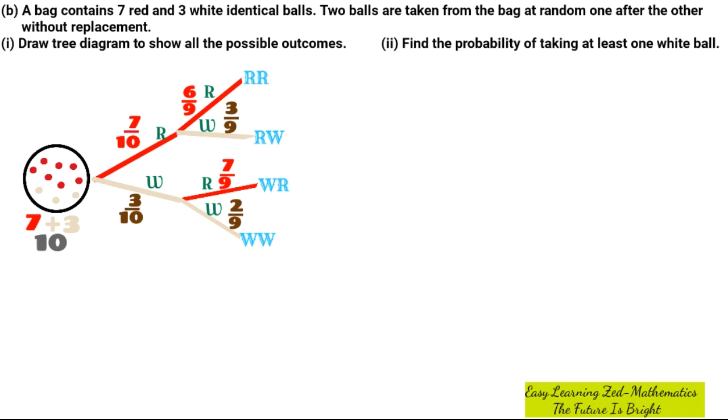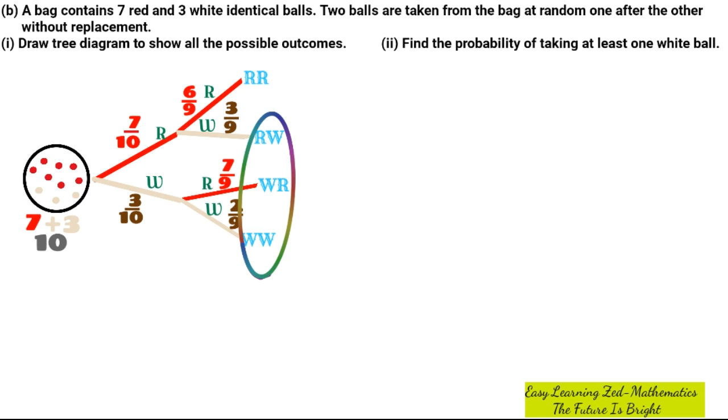So what we need to pay attention to is the tree diagram we drew at first. We are going to look at these probabilities I've written in light blue ink. Whatever probability has got white in it is the one we're going to use.